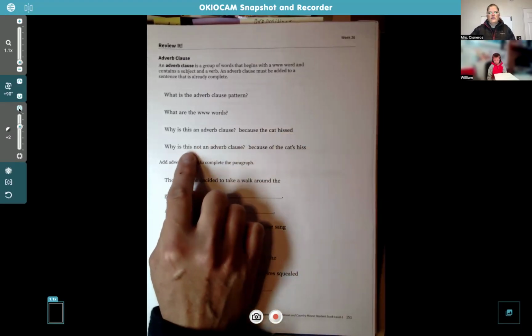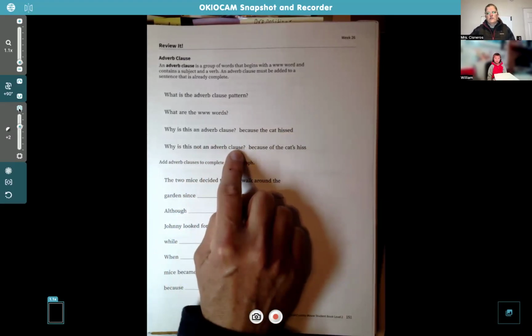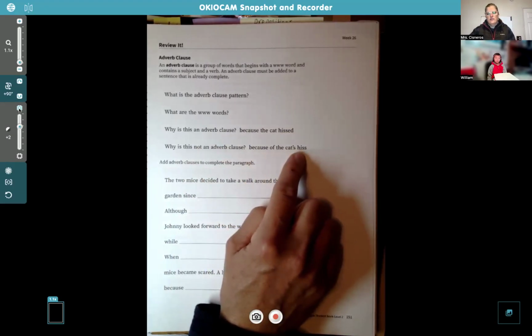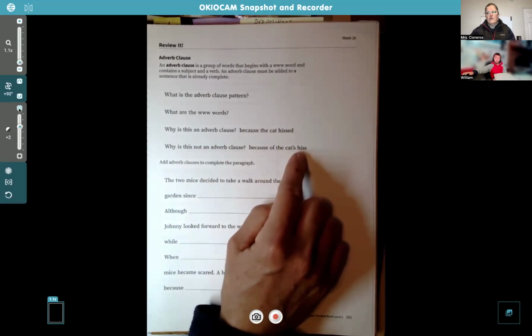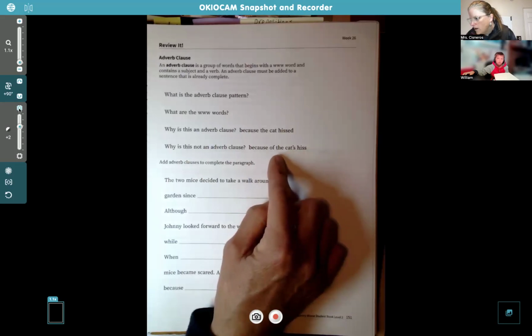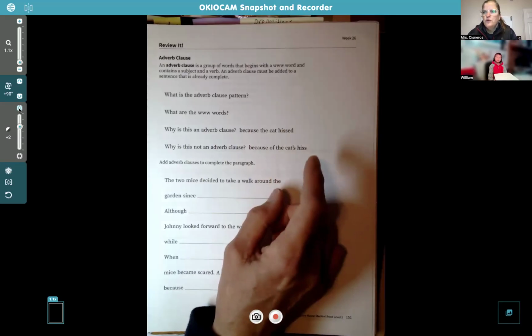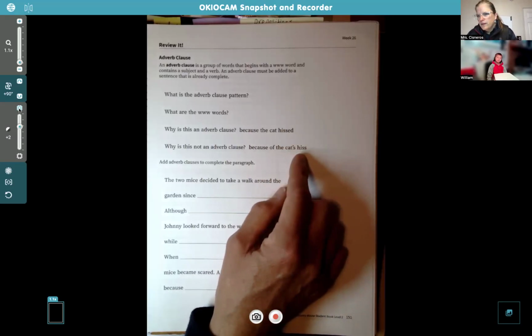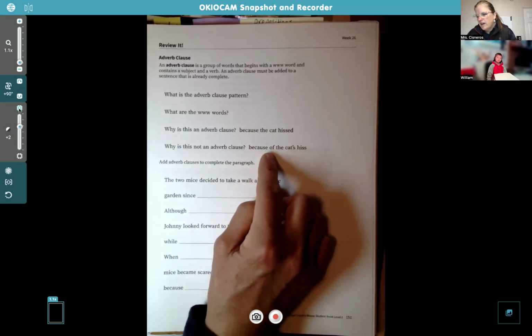How about this? Why is this not an adverb clause? Because of the cat's hiss. Do you know why that one's not an adverb clause? Because it's an infinitive. Did you say infinitive? No, that would be like to something. There's no to here. But the reason is because it has of, because of.